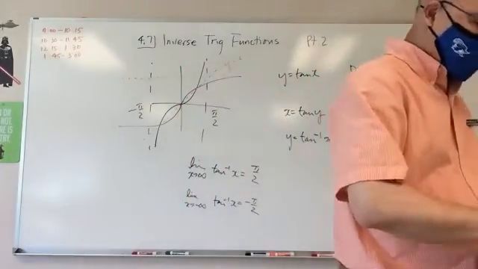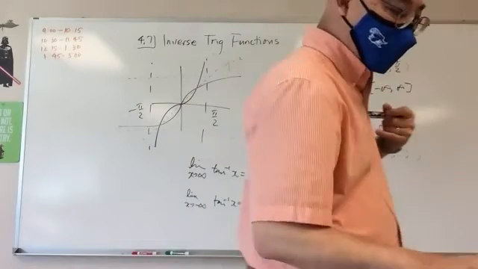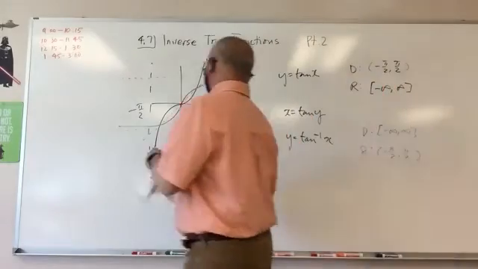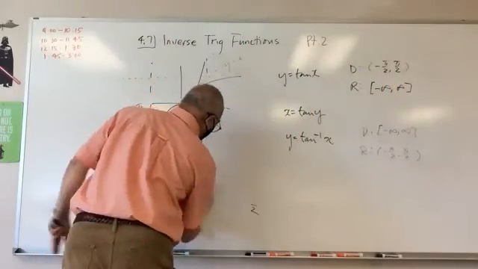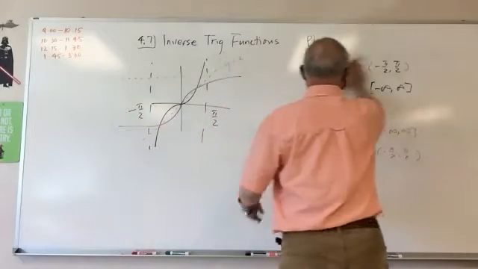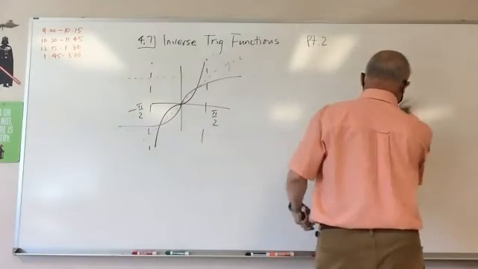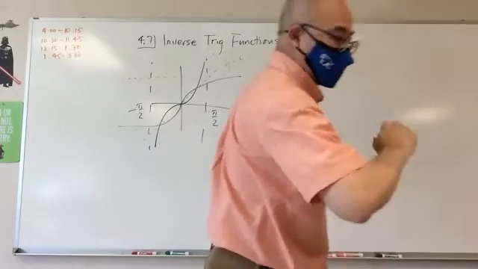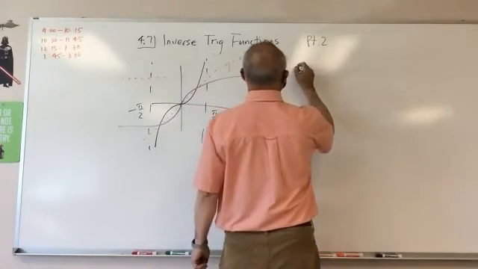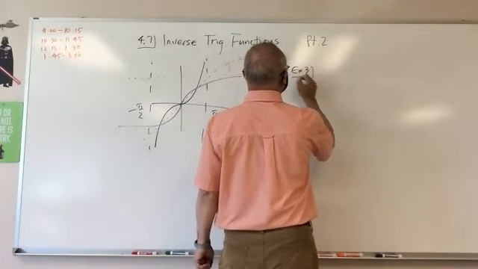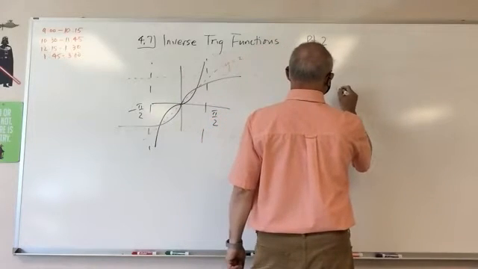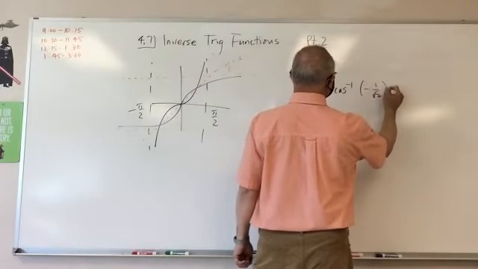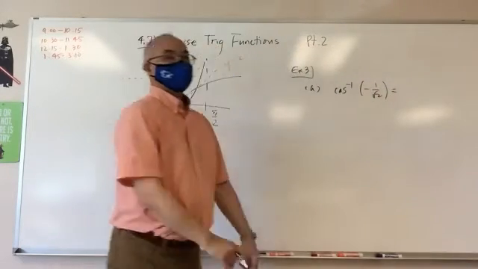Now let's flip back and do example number 3. Example number 3 is really a continuation of what we've done before. Part a is the arc cosine of negative 1 over root 2, I believe.